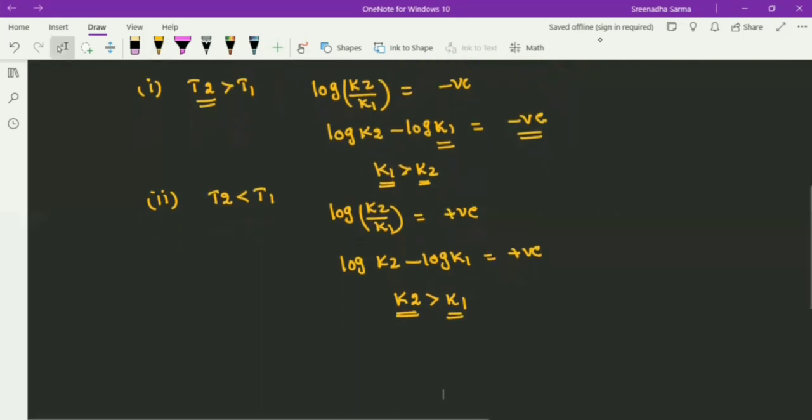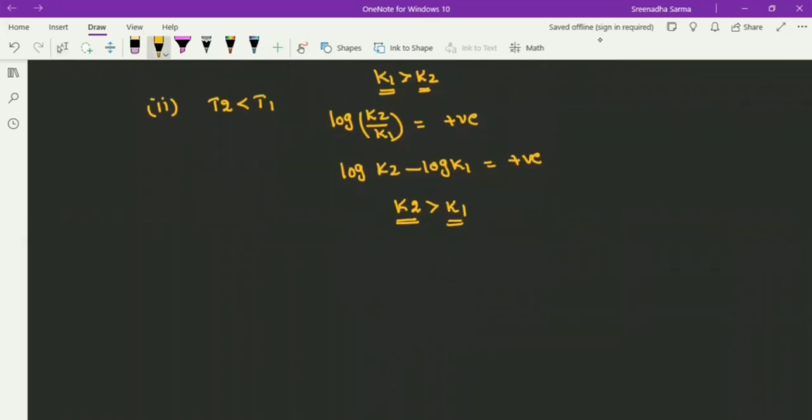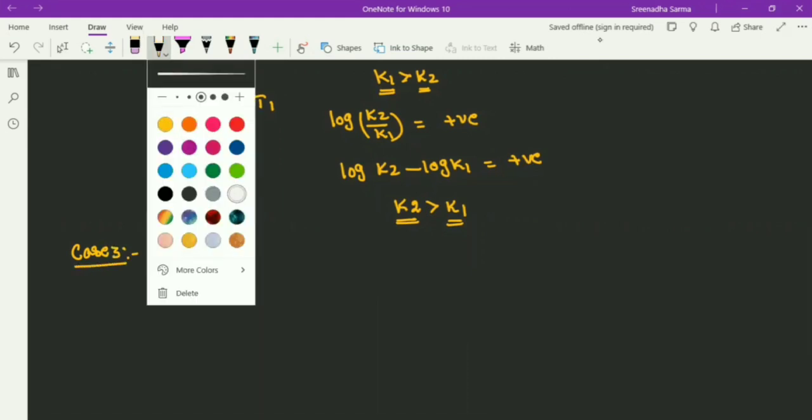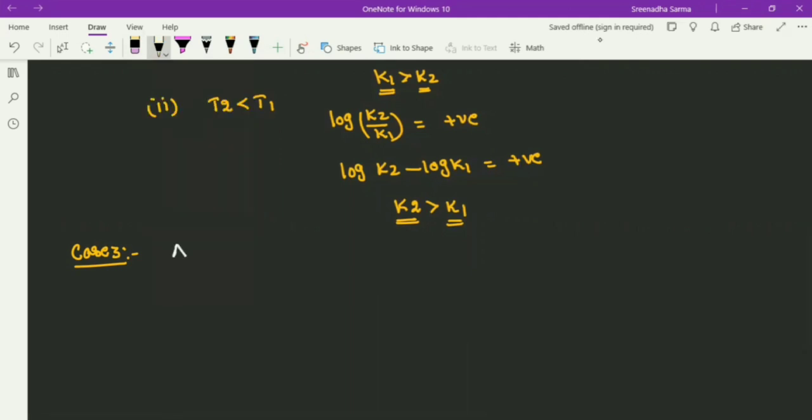And case 3, delta H is positive. That is endothermic.